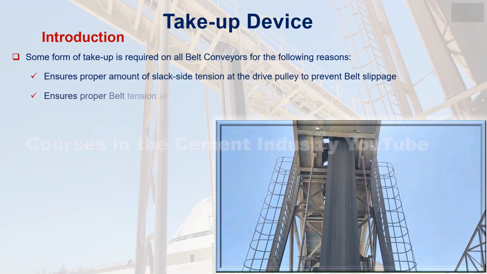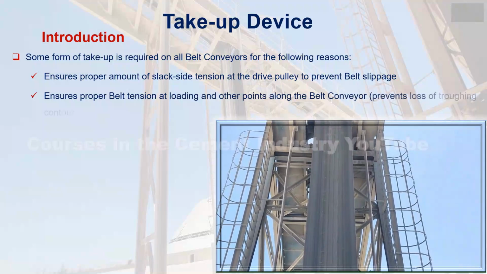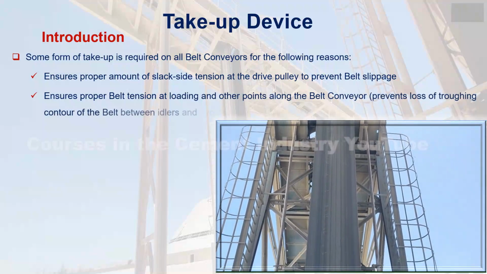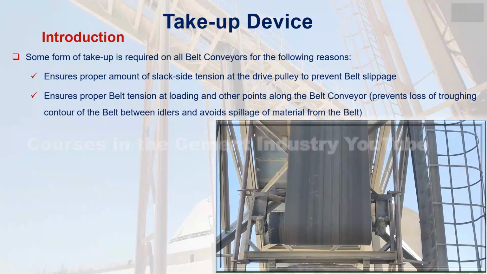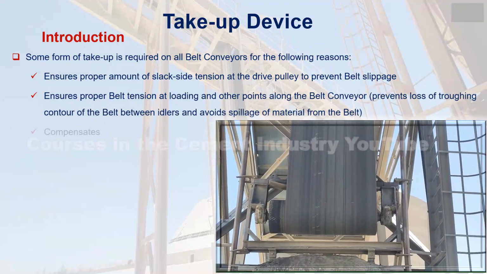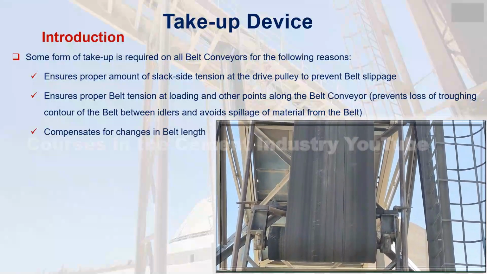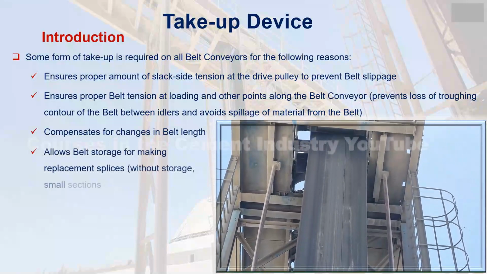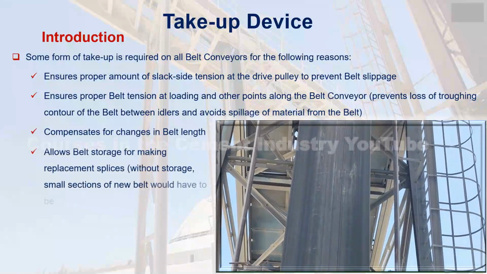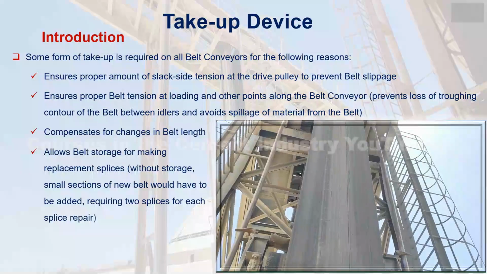Ensures proper belt tension at loading and other points along the belt conveyor, prevents loss of troughing contour of the belt between idlers and avoids spillage of material from the belt. 3. Compensates for changes in belt length. 4. Allows belt storage for making replacement splices. Without storage, small sections of new belt would have to be added, requiring 2 splices for each splice repair.